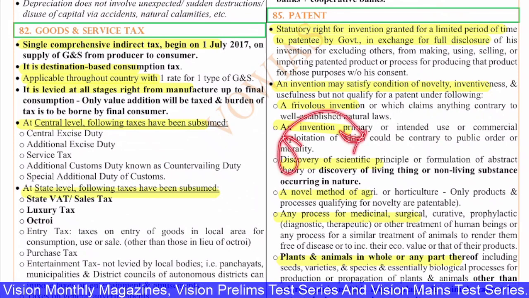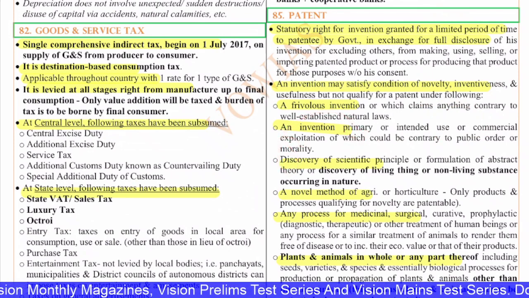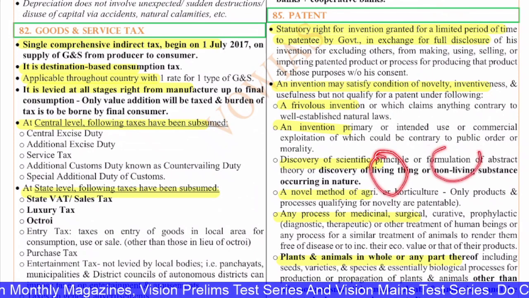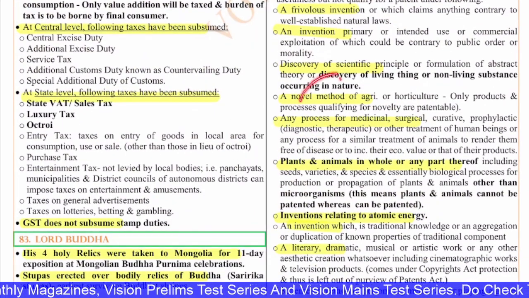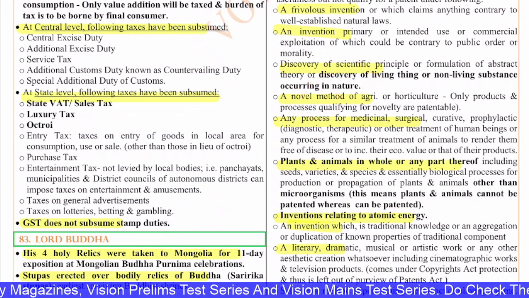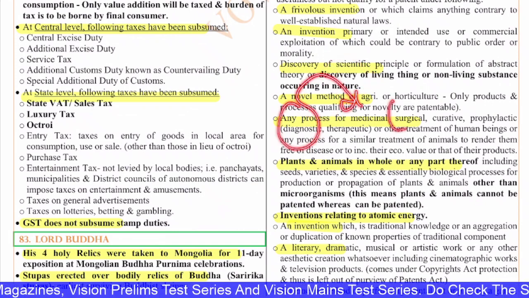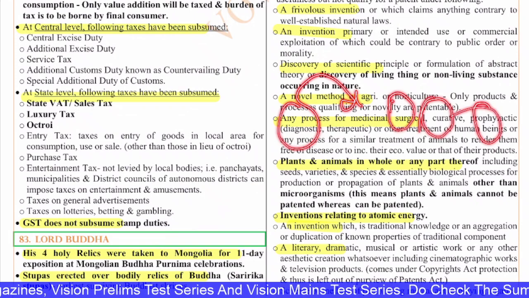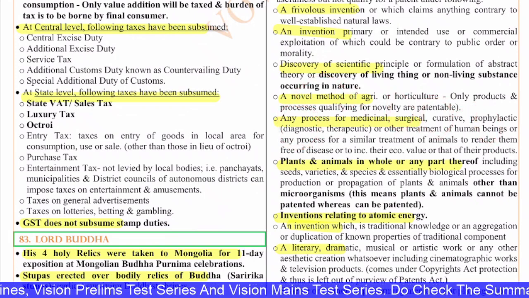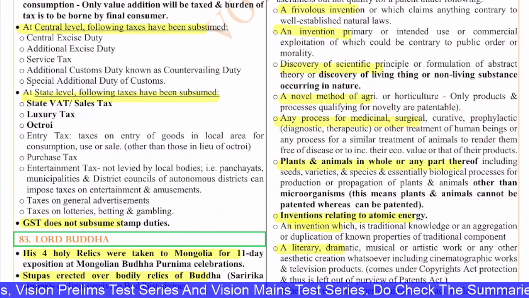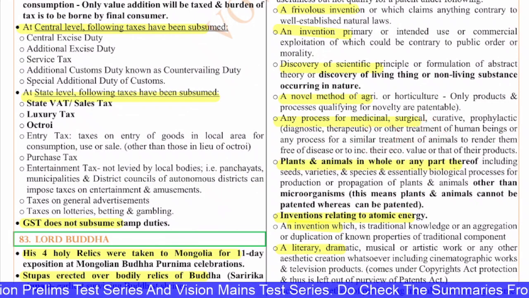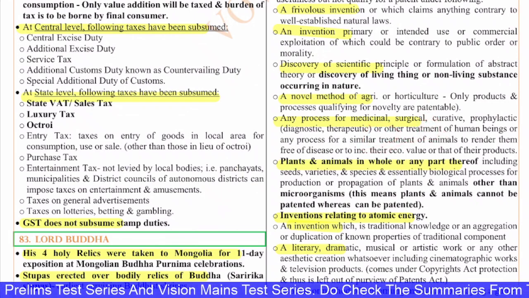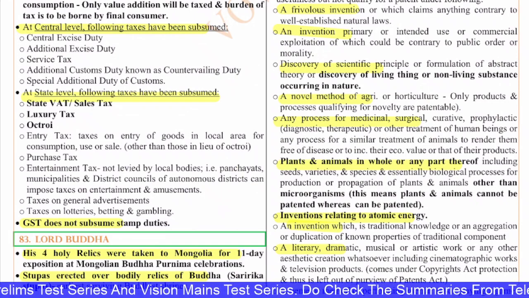Discovery of scientific principles or formulation of an abstract theory, or discovery of a living or non-living substance occurring in nature. Next, a novel method of agriculture or horticulture, a process for medical, surgical, curative, prophylactic or other treatment of human beings, or any process for similar treatment of animals to render them free of disease or to increase their economic value or that of their products.